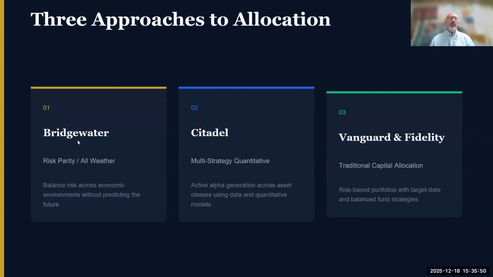Bridgewater is well known because of Ray Dalio, who started Bridgewater. It's focused on economic macro events, and he positions that way. Citadel was started by Ken Griffin out of his dorm room at Harvard, and he is more quantitative, with a multi-strategy approach. Citadel is also one of the biggest market makers in the world.